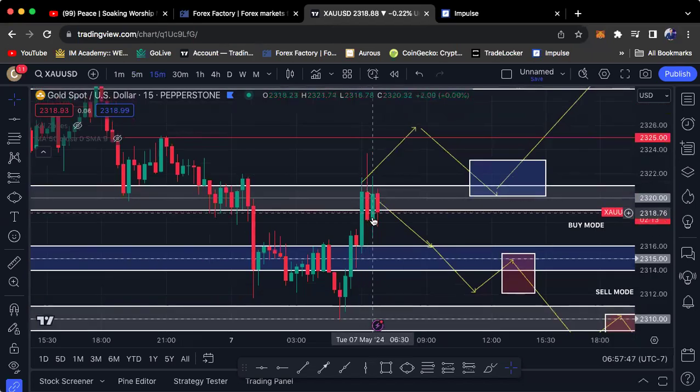So when I see this, what is it? Triple candle patterns. I'm looking at my candlestick pattern sheet.